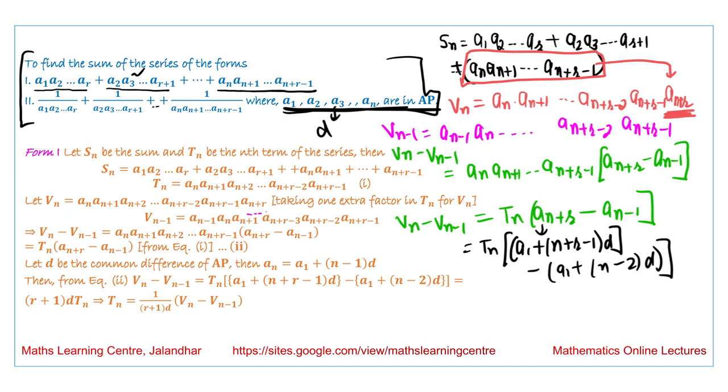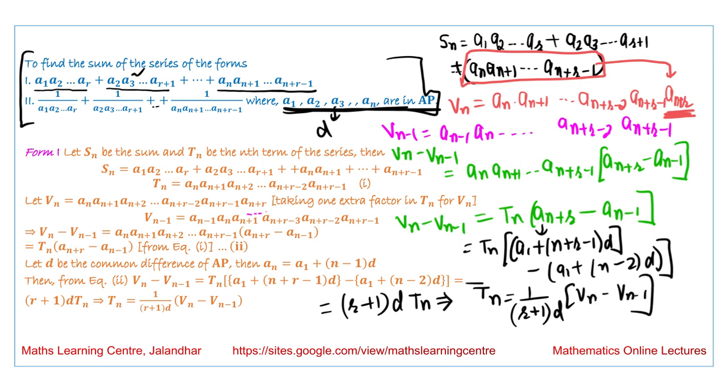So on solving this, what we obtain is r plus 1 d Tn, this value is equal to this, and this implies that Tn is equal to 1 by r plus 1 into d into Vn minus Vn minus 1.